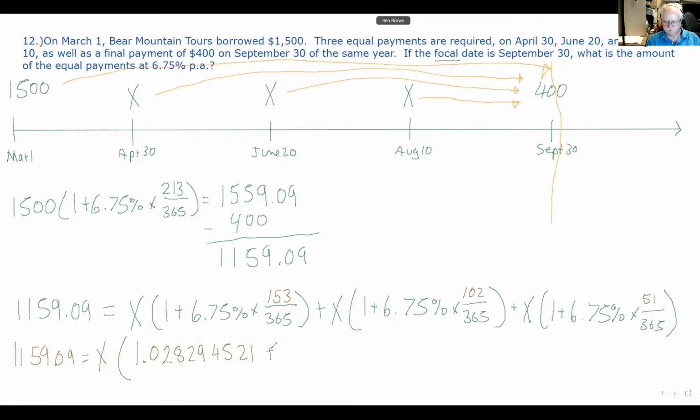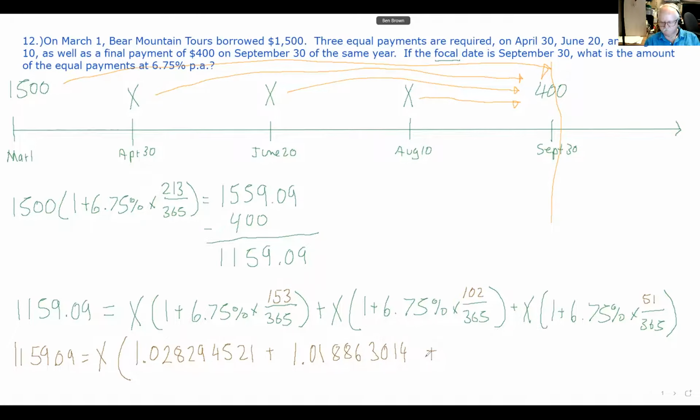And then 102 divided by 365 times 6.75% plus 1. And I'll store that in register 2. But what I got was 1.018863014.